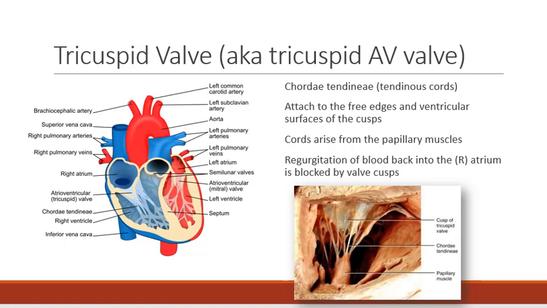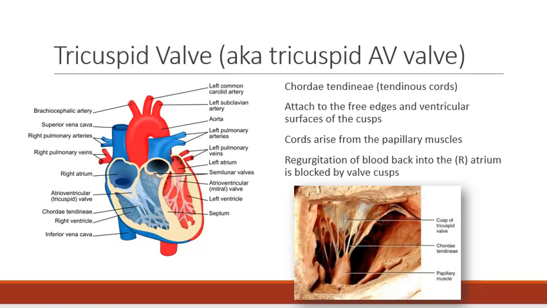So again, looking at the relationship here, the chordae tendineae are strong fibrous connections between the valve leaflets and the papillary muscles. These are attached to the leaflets on the ventricular side, and they prevent the cusps from swinging back into the atrial cavity during systole.